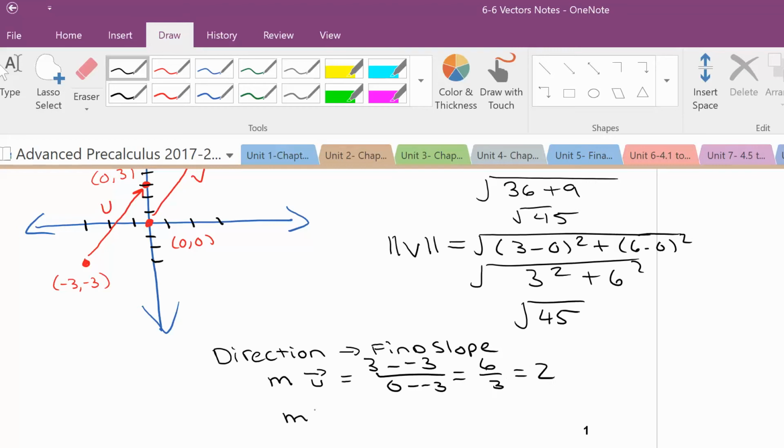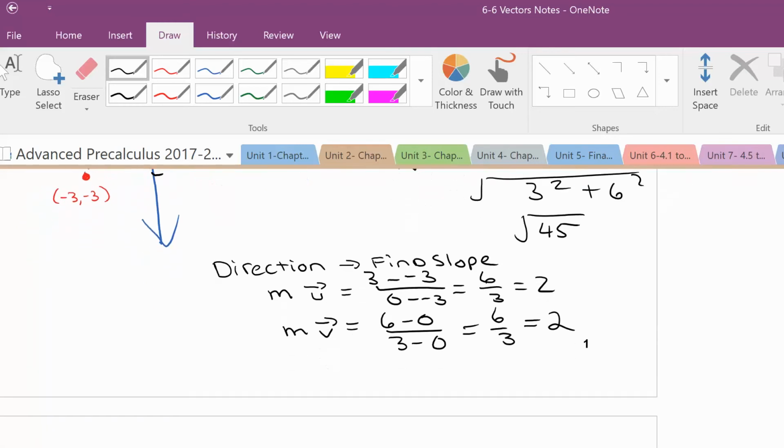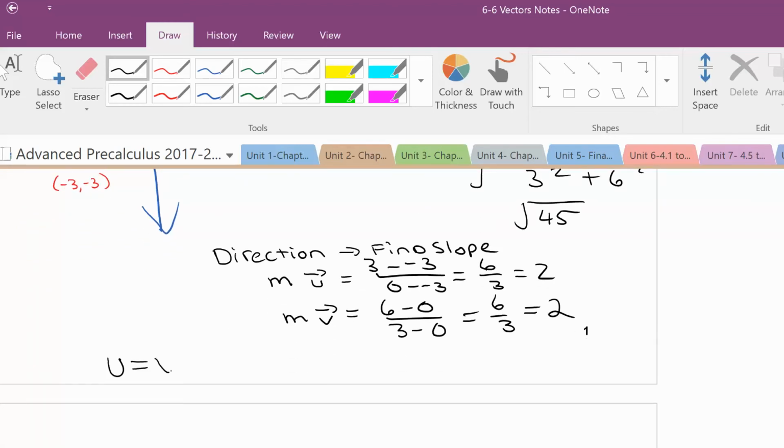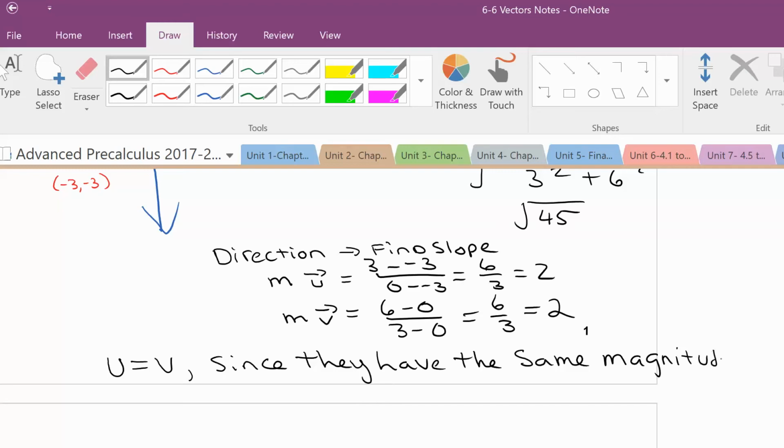And then the slope of vector v is 6 minus 0 over 3 minus 0, so it's 6 over 3, which is also 2. So basically, u is equal to v since they have the same magnitude and direction.